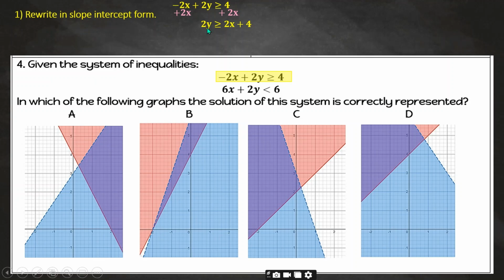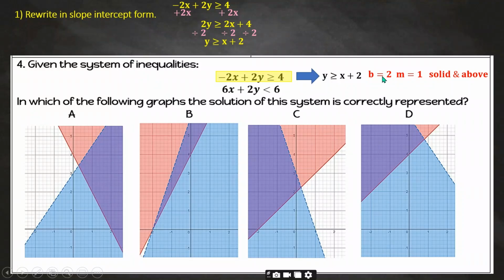Now my goal is to still get that y by itself, so I'm going to divide all terms by 2. When I divide by 2, that simplifies to be y is greater than or equal to x plus 2. So this standard form equation became y is greater than or equal to x plus 2.